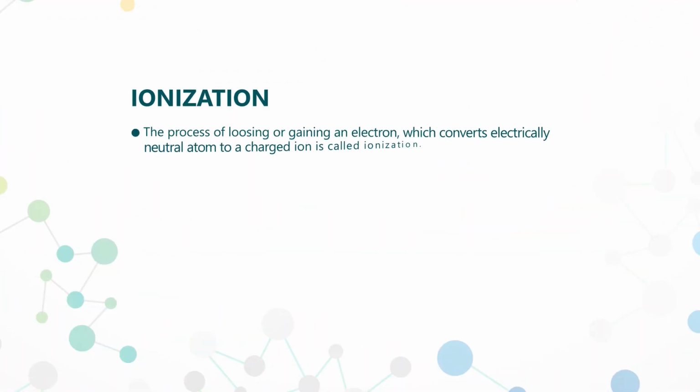Now, let us discuss ionization. The process of losing or gaining an electron which converts an electrically neutral atom to a charged ion is called ionization. This means that ionization is the loss or gain of an electron that changes the electrically neutral atom into a charged ion.